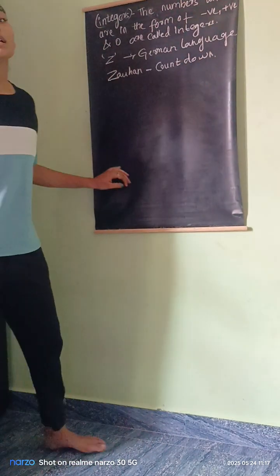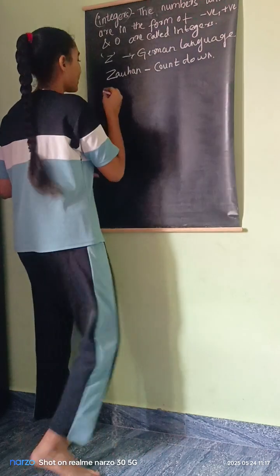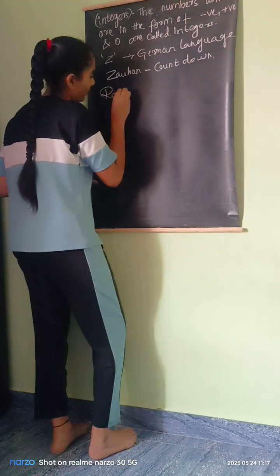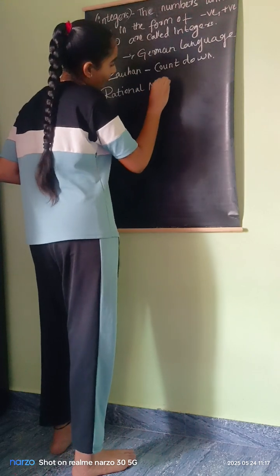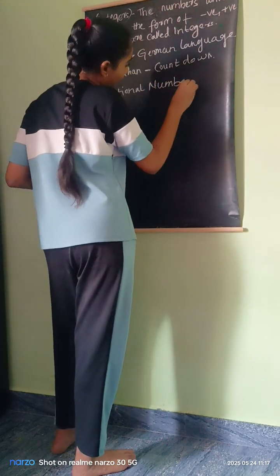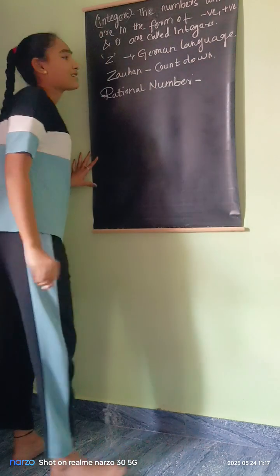Next, let's move on to the rational numbers. So what is a rational number?